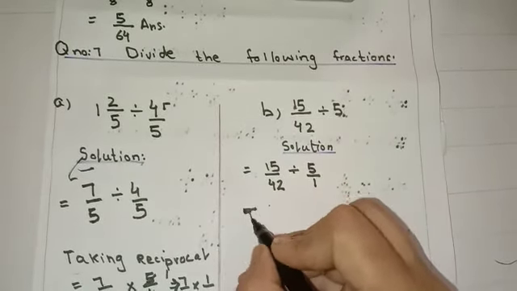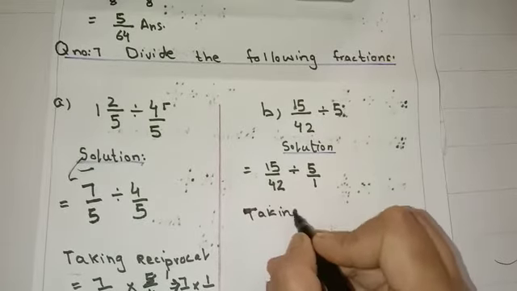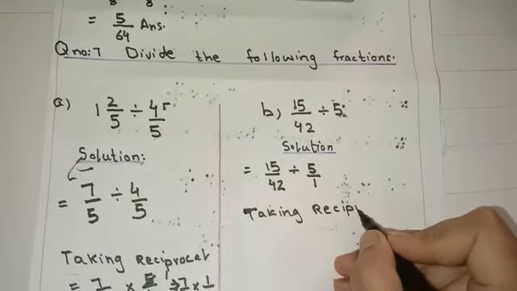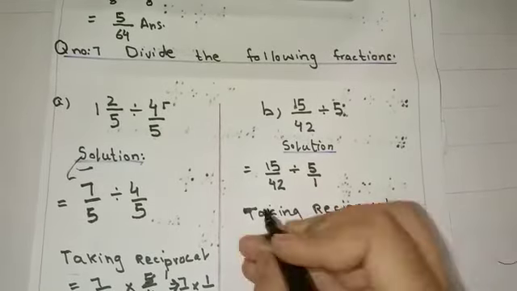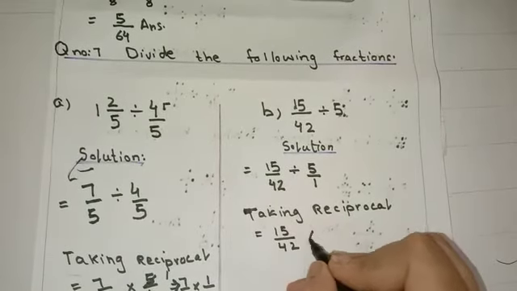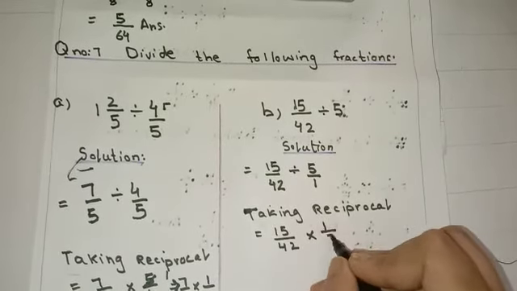So taking the reciprocal, we get 15 over 42 multiply by 1 over 5.